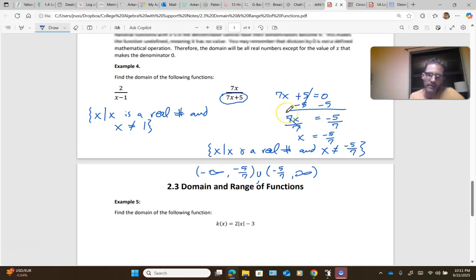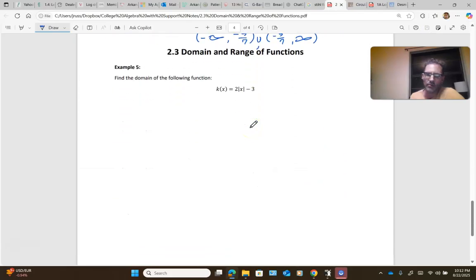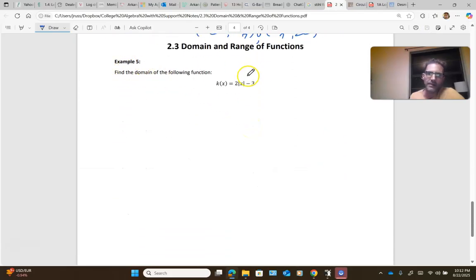All right, so really the only time you're going to have exclusions to the domain will be if they are rational functions, or in other words, if there's an x in the denominator. The last case we'll see is example 5. Now this is an absolute value function.